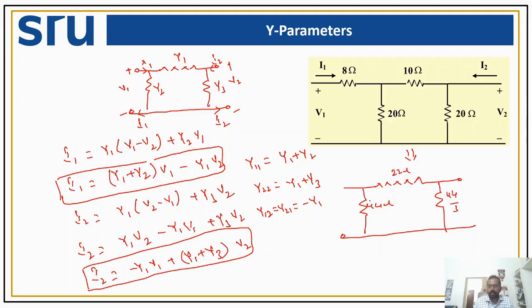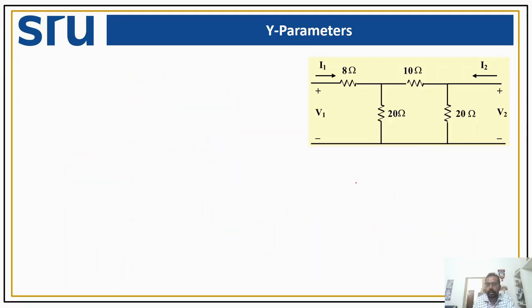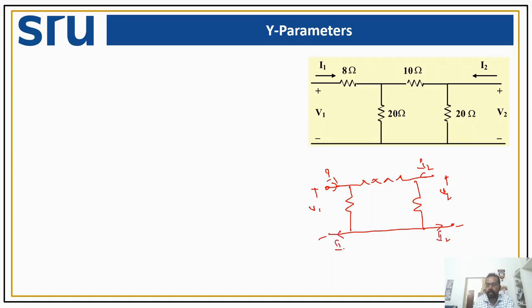Similarly, if you try to invert this pi circuit, the values of the resistance, we are going to have, say, this particular way. So this is V1 plus minus, this is V2 plus minus, so this is I1 and this is I2. I2 current is here and I1 current is here. Try to invert it, it is 1 by 22, this will be 1 by 44 and this will be 3 by 44.